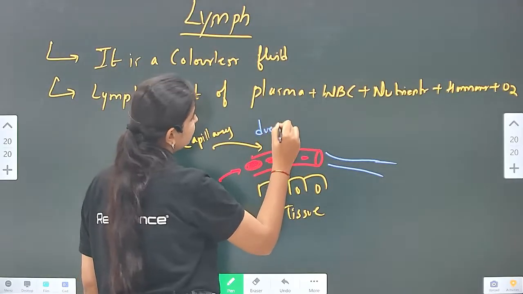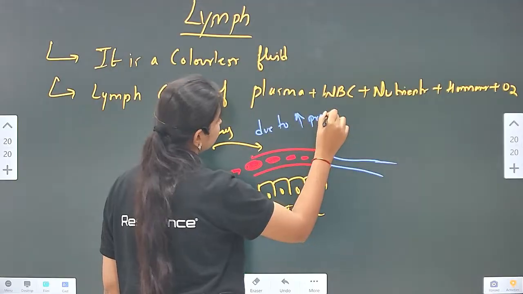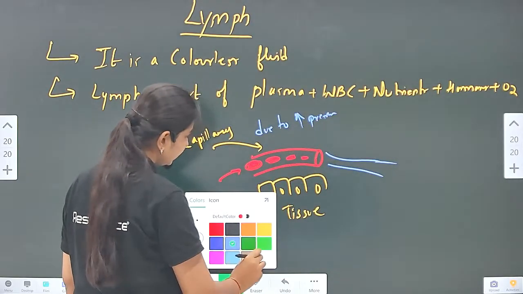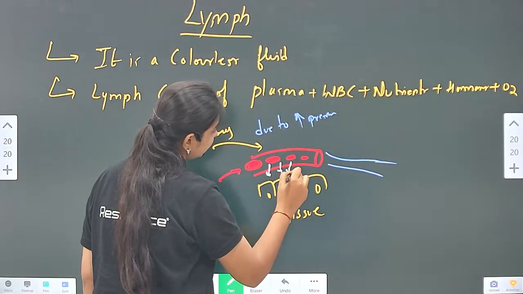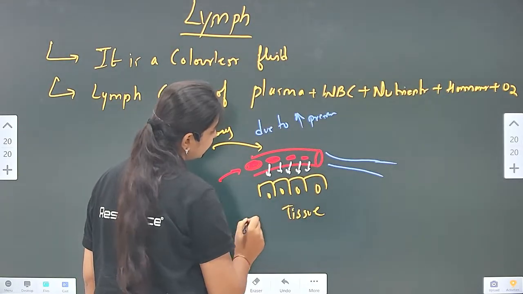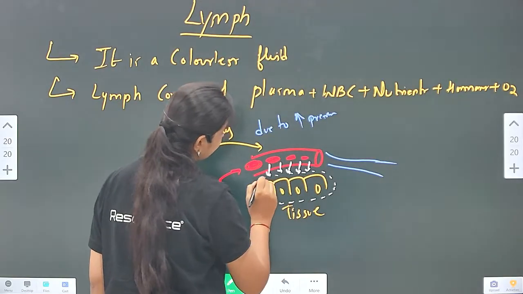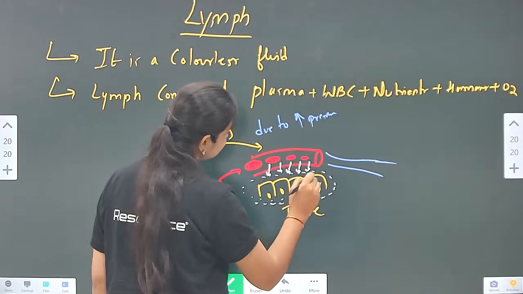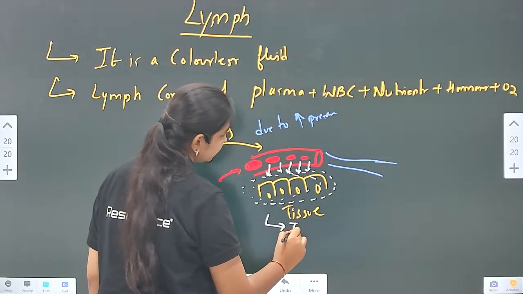Due to the excess pressure, or you can say high pressure, some fluid will be coming out of this capillary and getting accumulated around this tissue. Now this is called what? Your interstitial fluid.